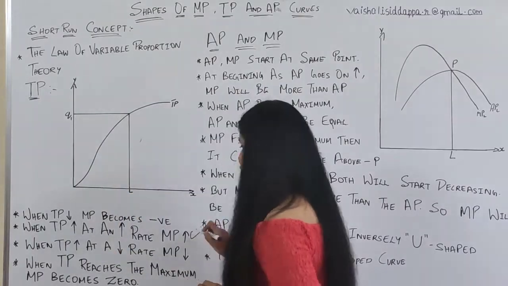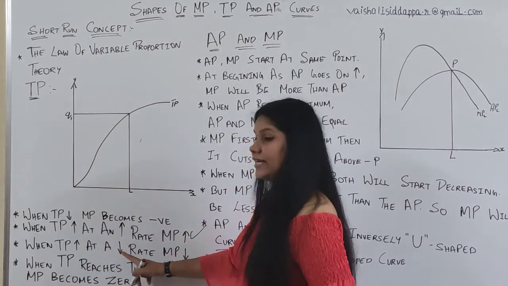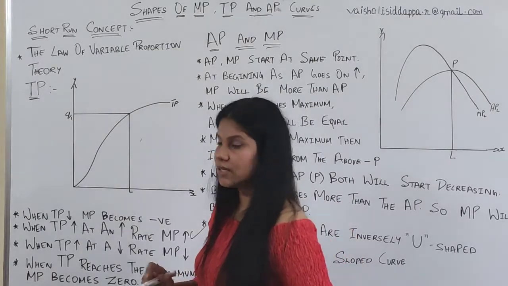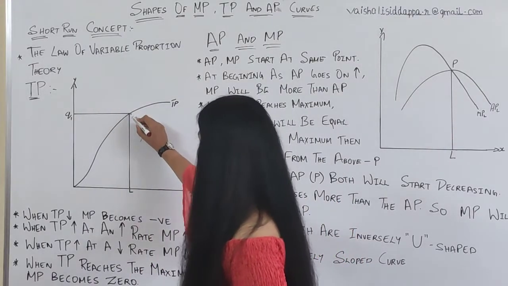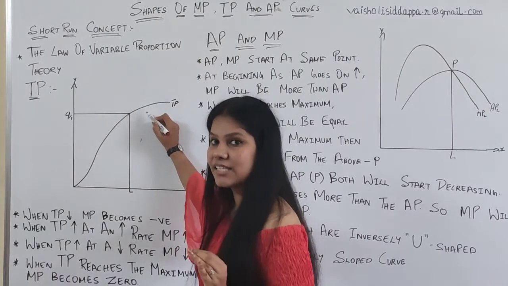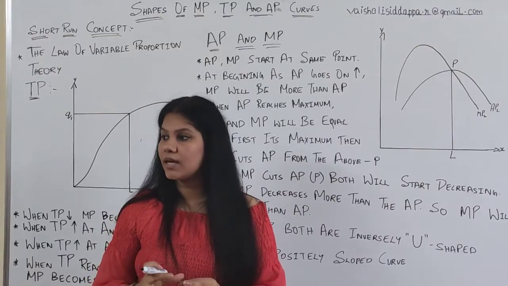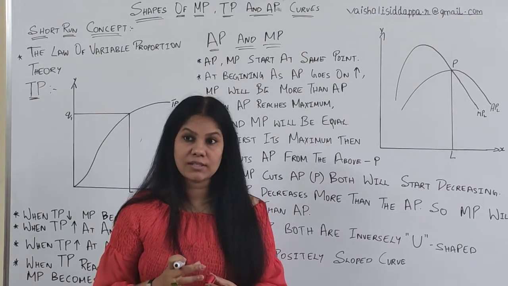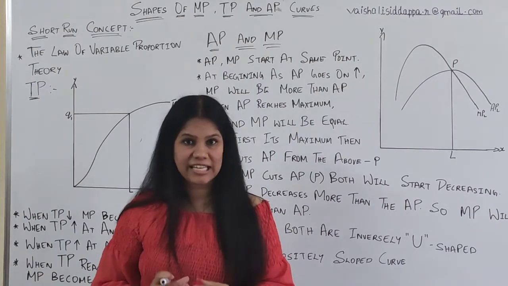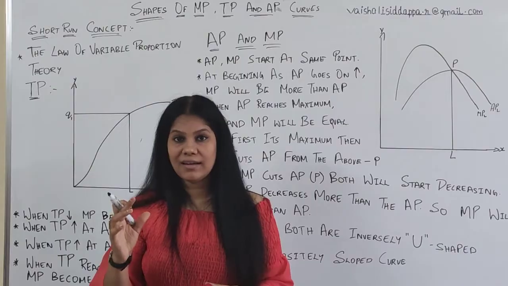Then we'll talk about the second one. When TP increases at a decreasing rate, MP will decrease. After this point, you can see that TP keeps increasing, but at a decreasing rate. At the beginning, the gap in TP was 10 units, 20 units, 30 units. After that it is increasing, but the increments go 10, 9, 8.